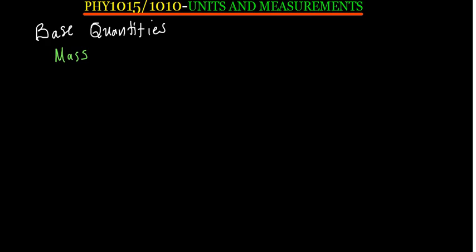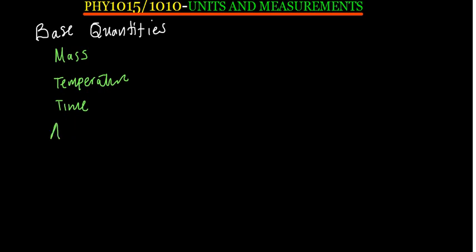And then you have got temperature, you have got time. Okay, apart from mass, temperature, time, you have got also a mole, or let me not say mole because that is going to be the unit.